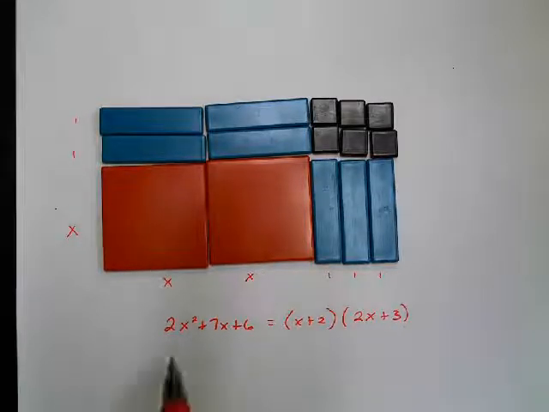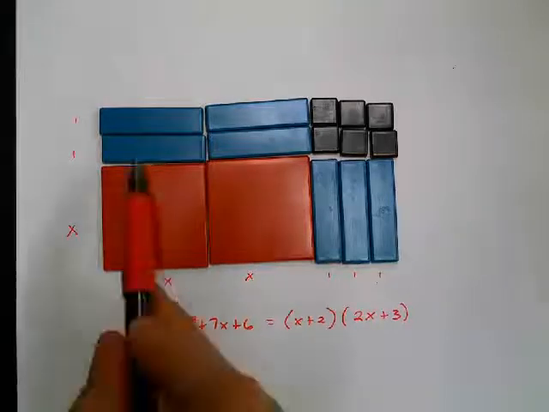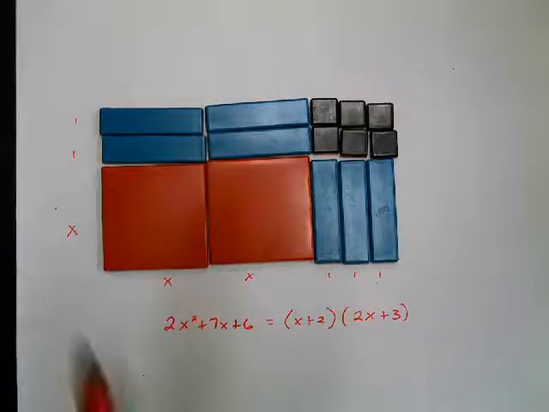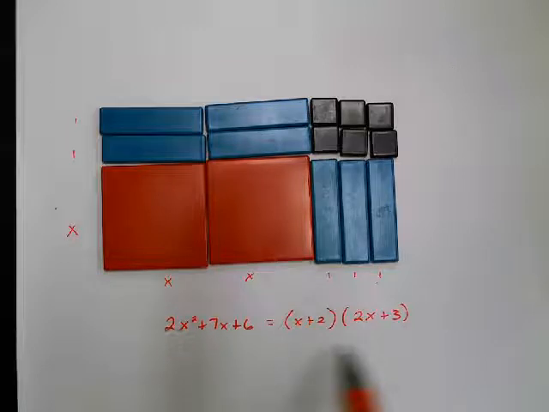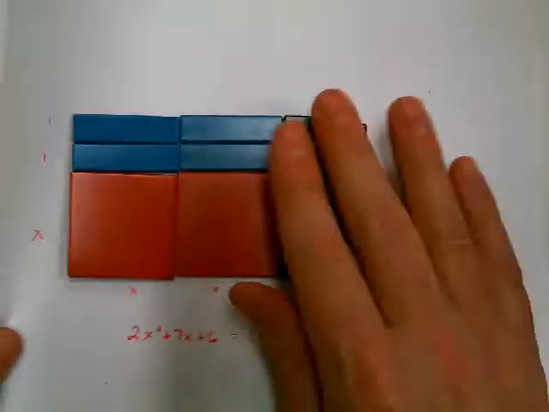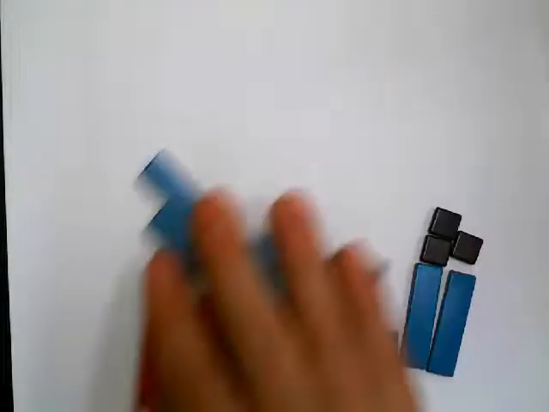So what you do is you take your parts, you change them into a rectangle, and you can just do length times width and then turn it into a product. All right, so that's the first one. The second one on the piece of paper that we had was x squared plus 4x plus 1.